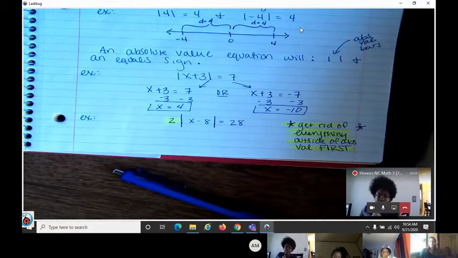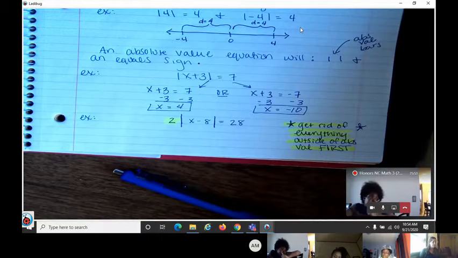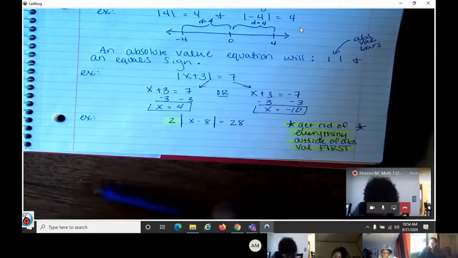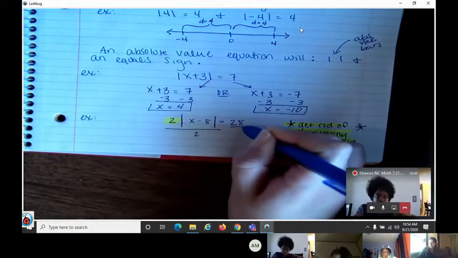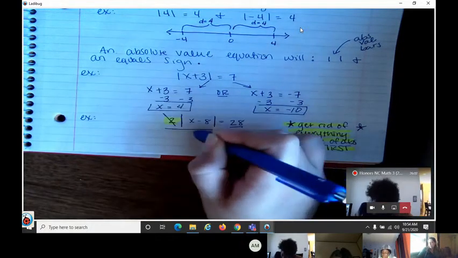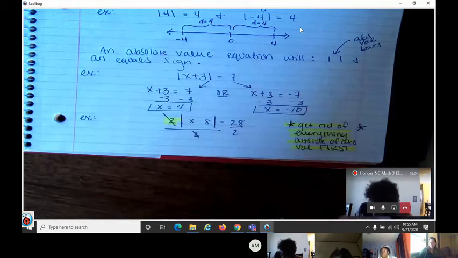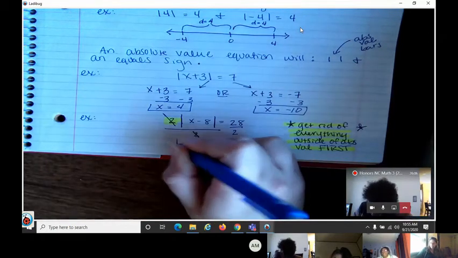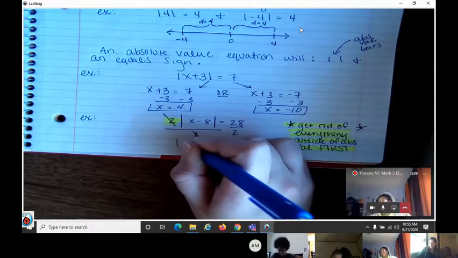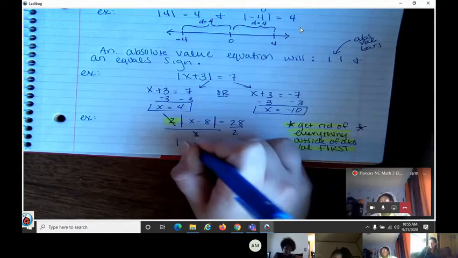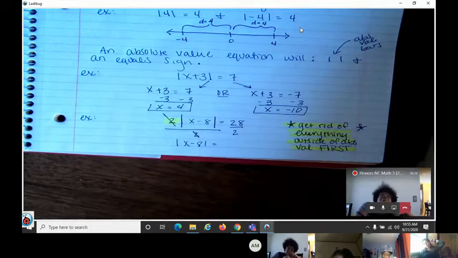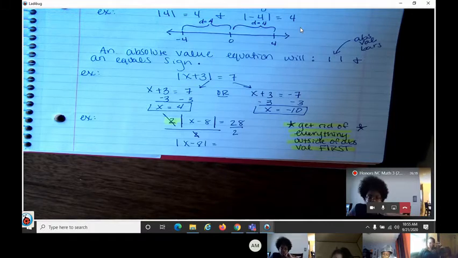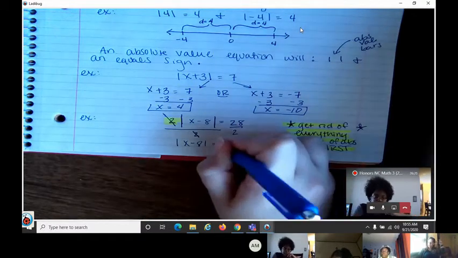Yeah, so what's the opposite of multiplication? Division. Yeah, so I need to divide by 2 on both sides. So divide by 2, divide by 2. And what's 28 divided by 2? Francesca? Half of 28. 14. Yeah, good. Thank you.